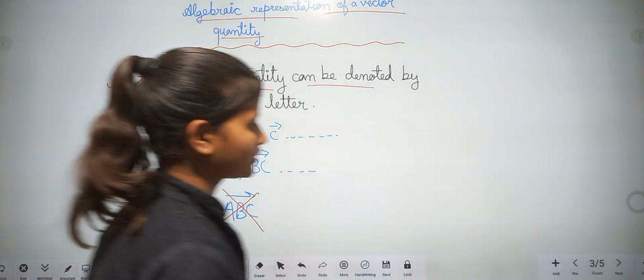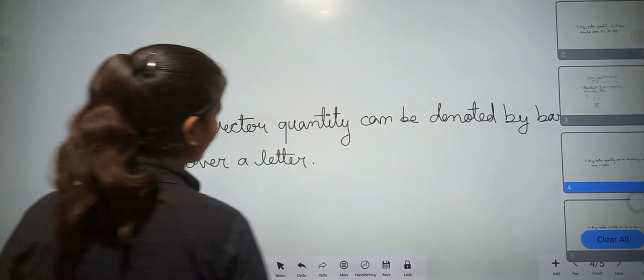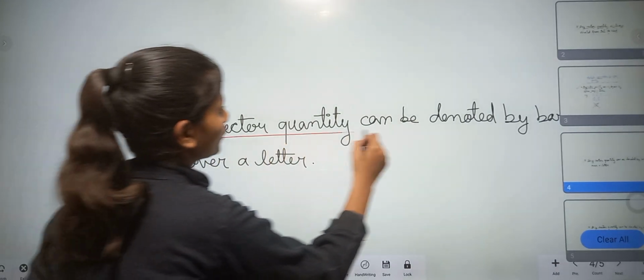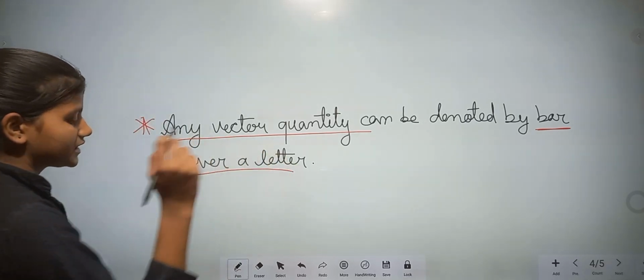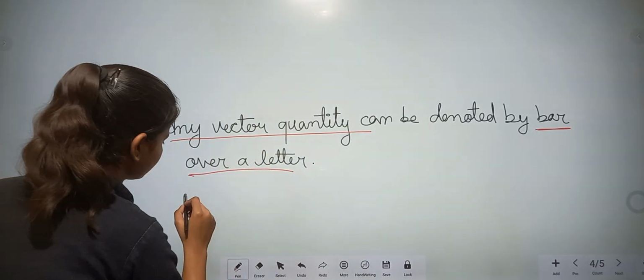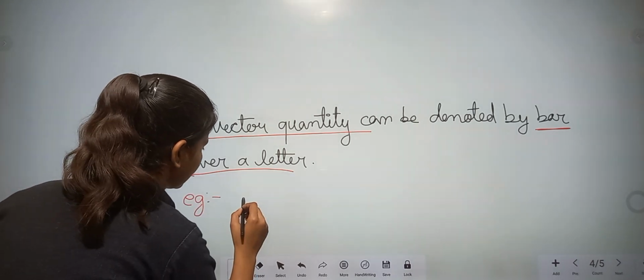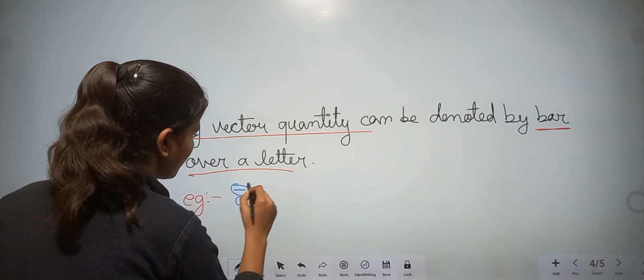Our next point is any vector quantity can be denoted by a bar over a letter. Bar over a letter means you can write like this: bar. This is called bar.